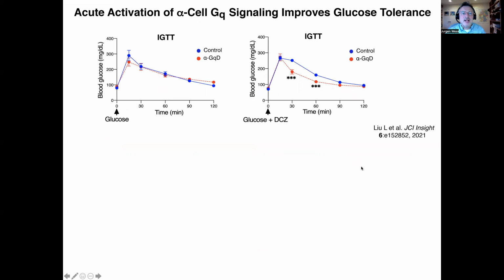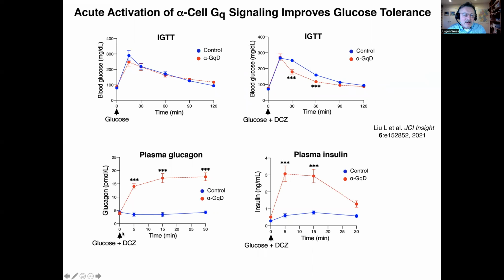Shown next are the results of a glucose tolerance test. When injected with glucose alone, the control and the DREADD mice showed similar glucose excursions. However, when glucose was co-injected with the DREADD agonist, glucose tolerance was significantly improved in the alpha-GqD mice. And we also measured plasma glucagon and plasma insulin levels under these conditions.